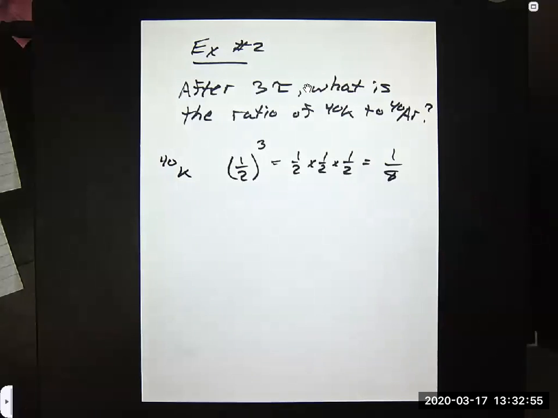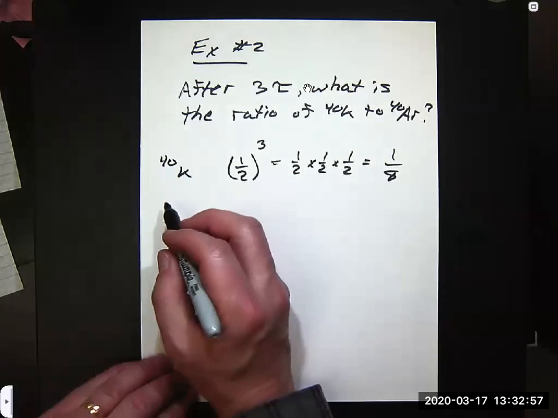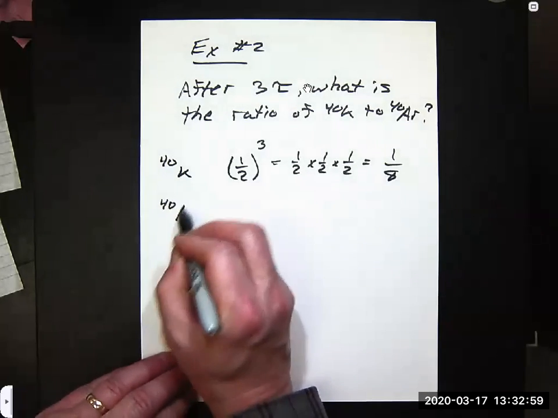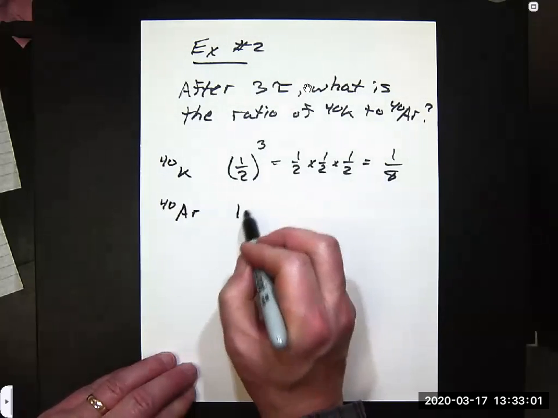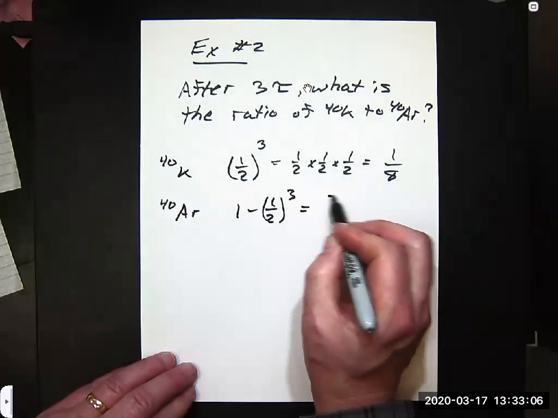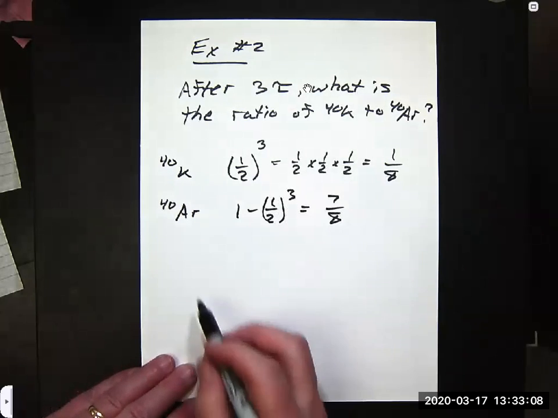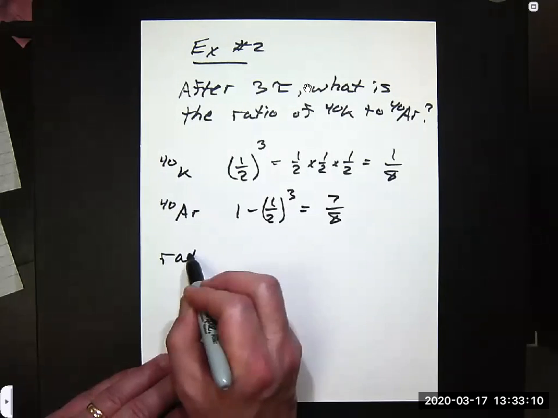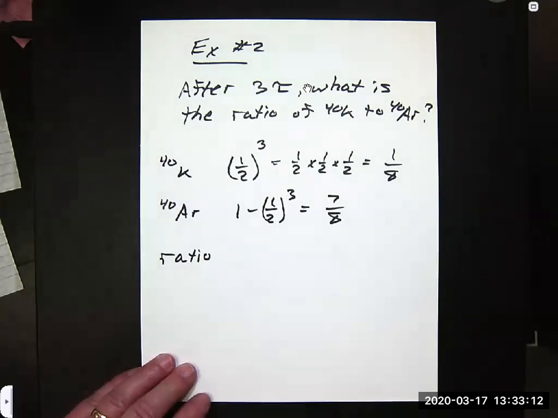So the amount of potassium remaining is 1/8. The amount of argon that has been gained is 1 minus that. That'll be 7/8. So the ratio, we have to make sure and double check here, what are we ratioing, who's on top and who's on bottom.